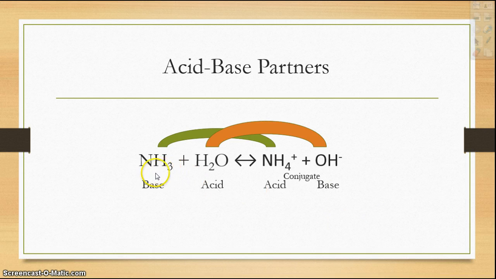If something in one direction gains a hydrogen, the reverse reaction must lose a hydrogen ion. And if something loses a hydrogen ion one way, the reverse must mean it gains one. That's why they're partners back and forth, forward and reverse.